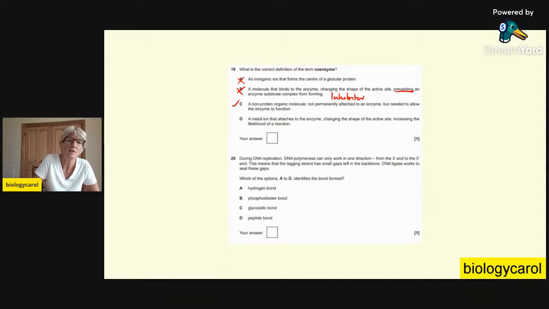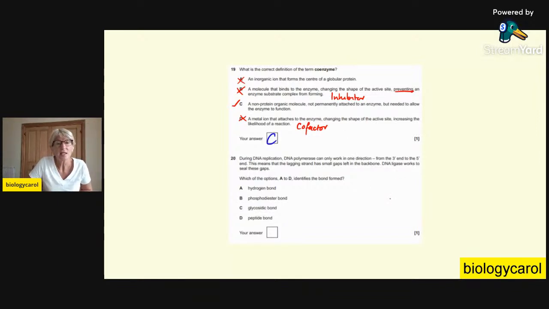Yeah, I like that. And finally, a metal ion that attaches to the enzyme, changing the shape of the active site, increasing the likelihood of a reaction. This is the definition of a cofactor, not a coenzyme. So the answer is C.